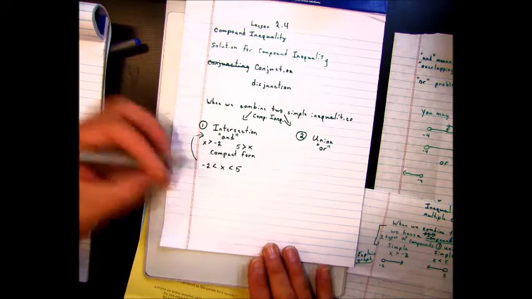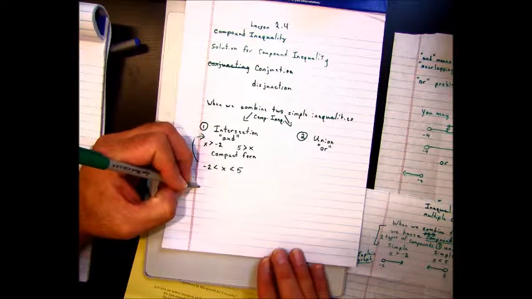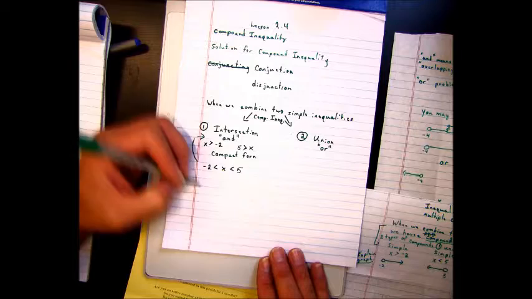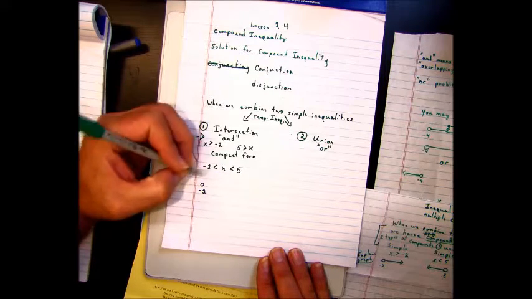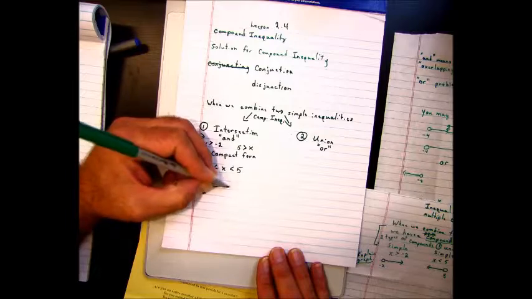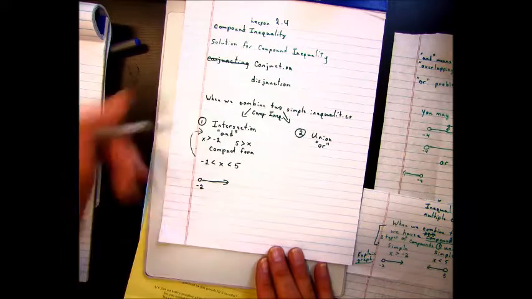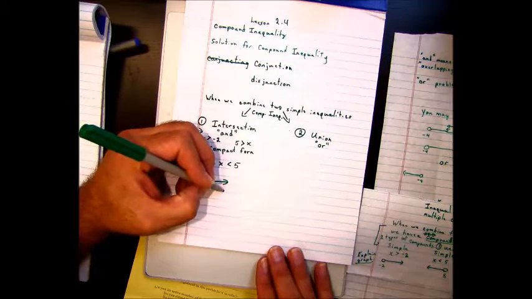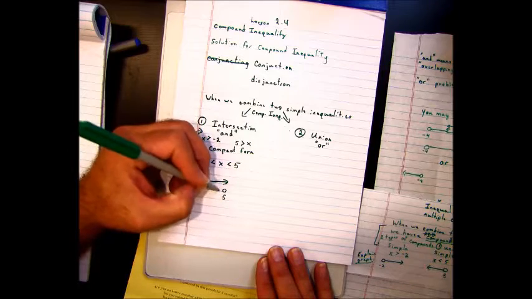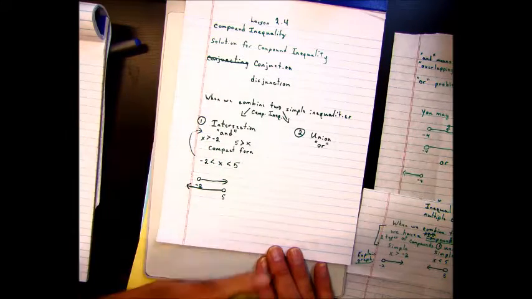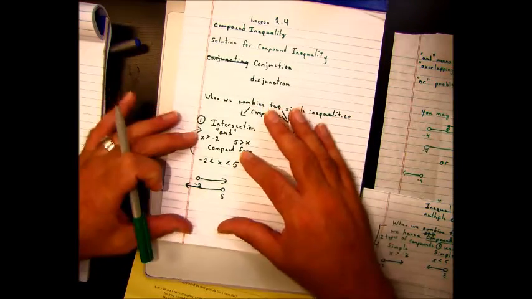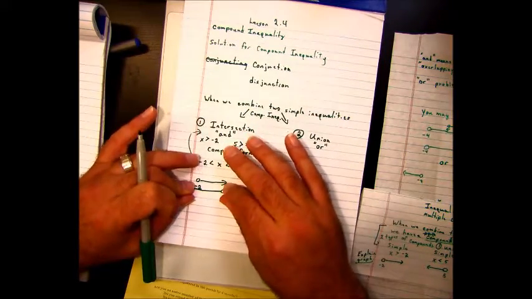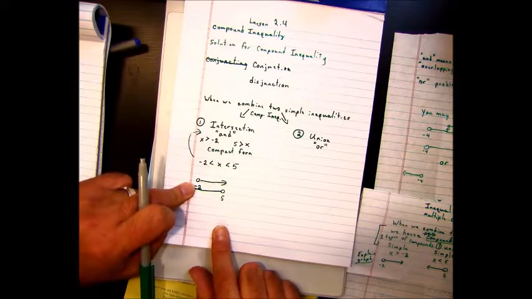So I'm looking for numbers that are in between it. Okay, so simple enough. I know that this one, negative 2, goes this way. And I know if I graph the other one, which is 5, it goes this way. Well, the problem is when you go to do this answer, you have to combine the two, because that's what AND means, to combine.